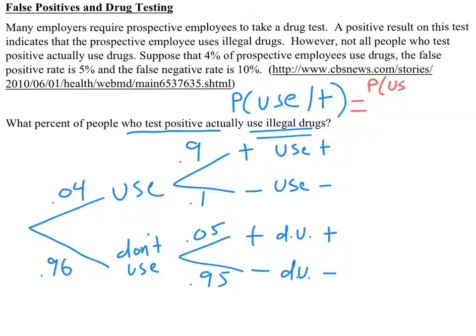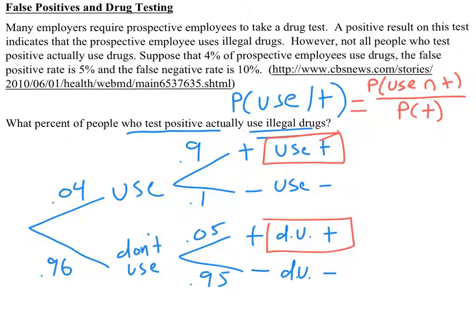The probability that somebody uses and tests positive over just the probability that somebody tests positive. Okay? So, I need to go through and just get the probabilities that I want. As far as the condition, I need those two groups, those two probabilities, because those represent all my positive testers, okay? Because that was the condition.